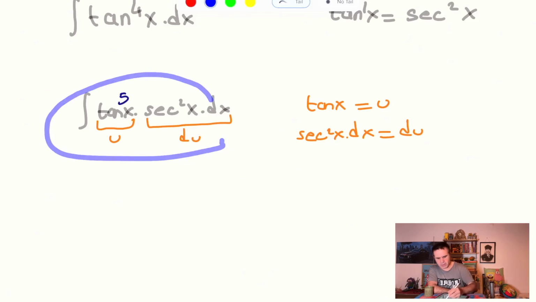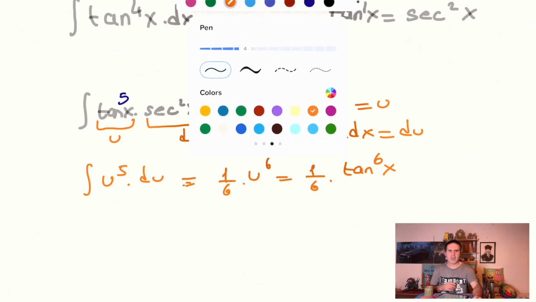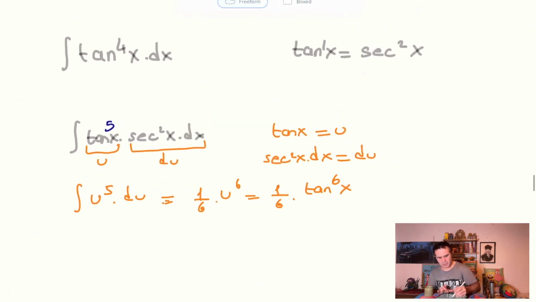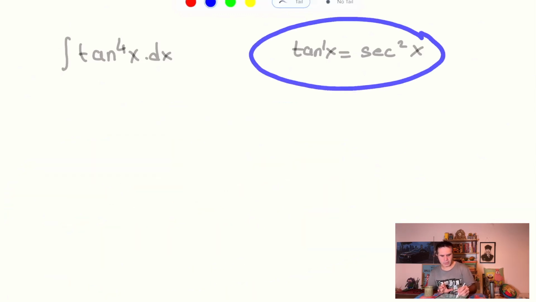For this question the integral will become u to the power of 5 times du, since we use the same substitution here, and this will become 1 over 6 times u to the power of 6, and this is equal to 1 over 6 times tangent to the power of 6 x. This equation is very important and you will always use such integrals.